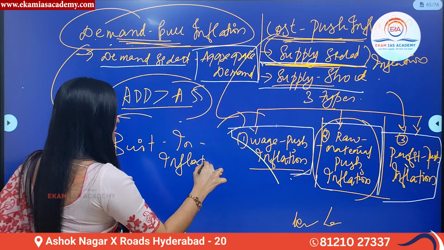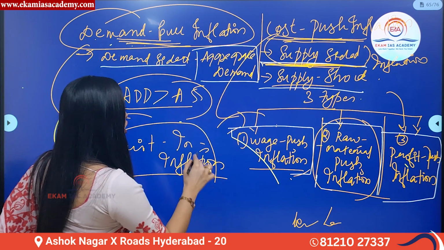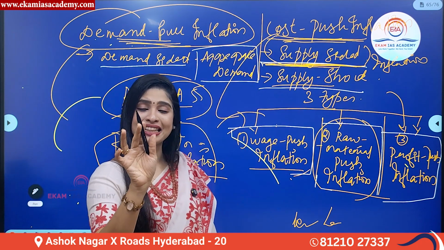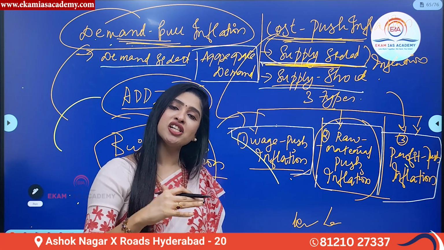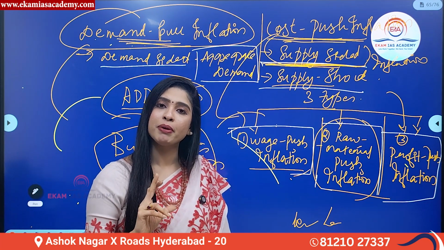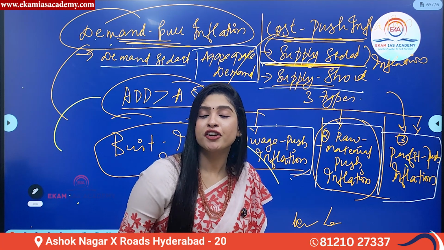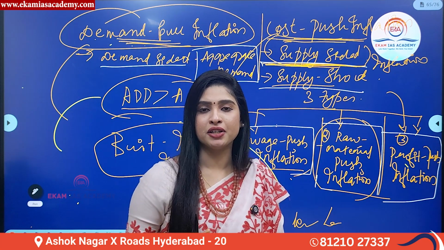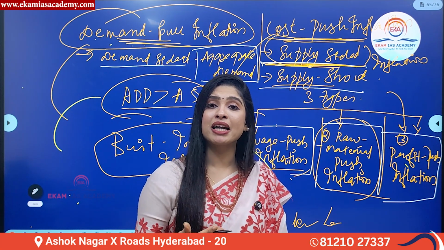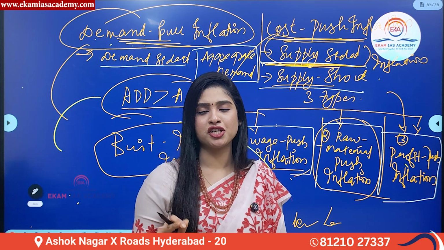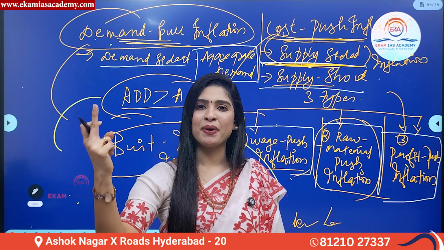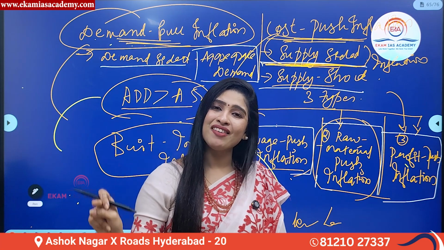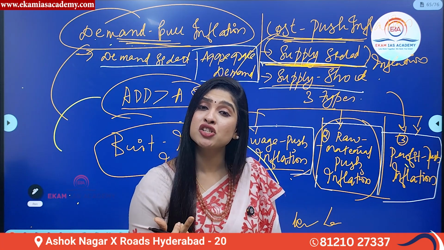This is a concept connected to cost push inflation in the sense that, initially, wages are increased because people find it difficult to meet their living standards. The cost of living becomes higher due to inflation. So wages are increased. Then what happens? Then prices are also increased. Again, wages are increased.